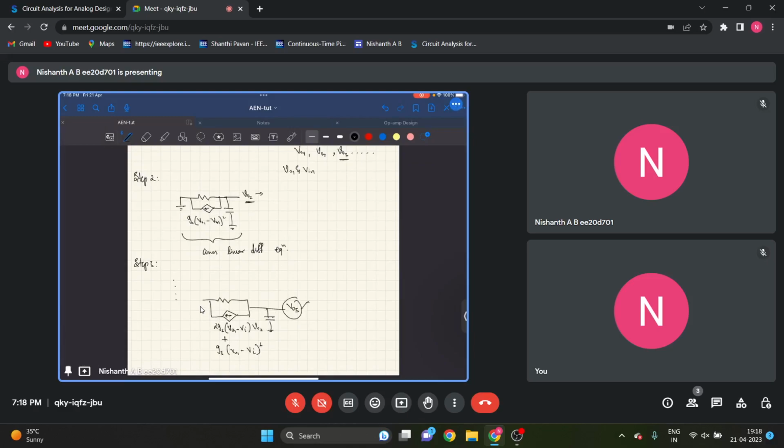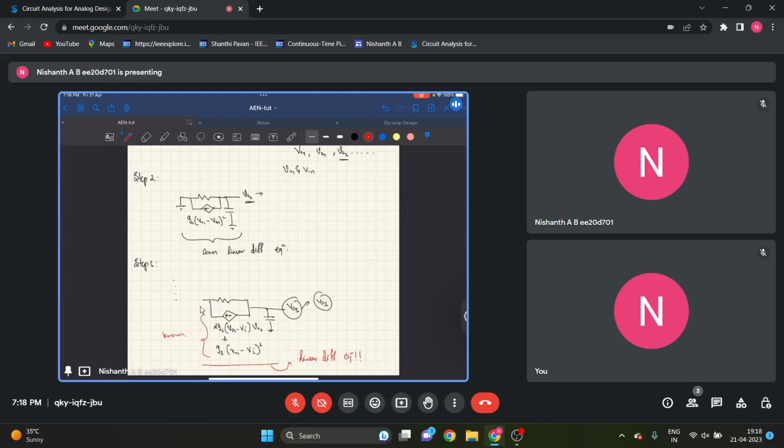This is how you find out VO3. Again, kindly observe that both these guys are known, and hence again the solution to this equation comes from a linear differential equation.